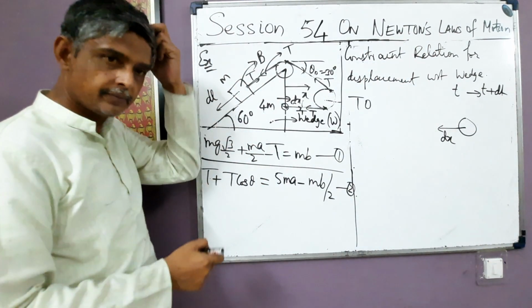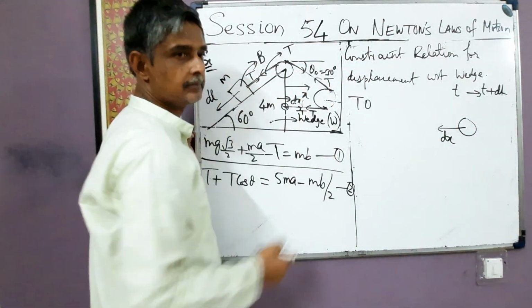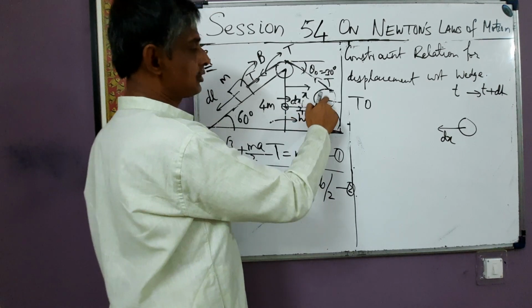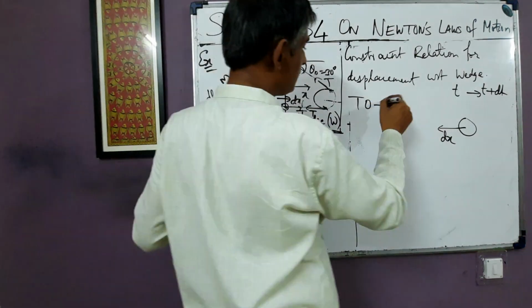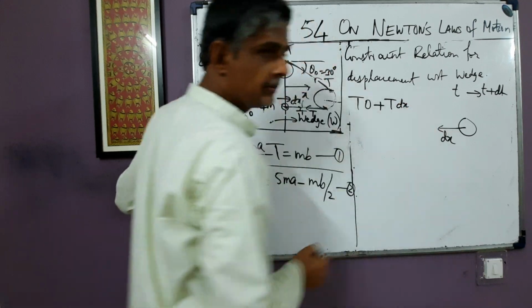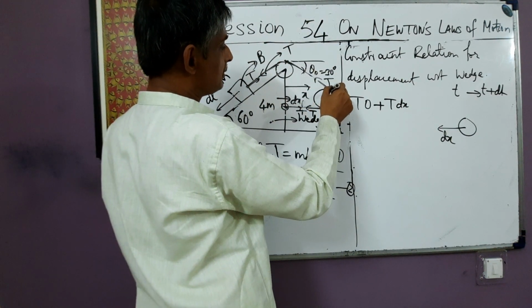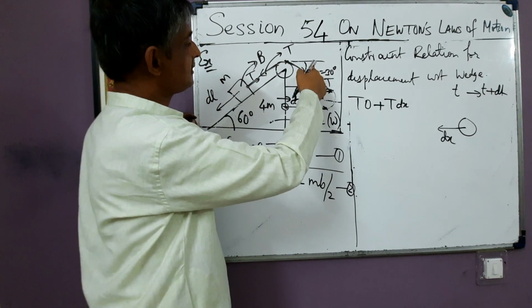The string acts on this pulley at 2 points, here and here. How much is the work done by these two string forces on this pulley in the wedge frame? T in this way, dx in this way, thus T dx cos 0 degree, that becomes plus T dx. And here T acts in this way, and the displacement of this point is dx leftward with respect to the wedge, so T dx cos theta.